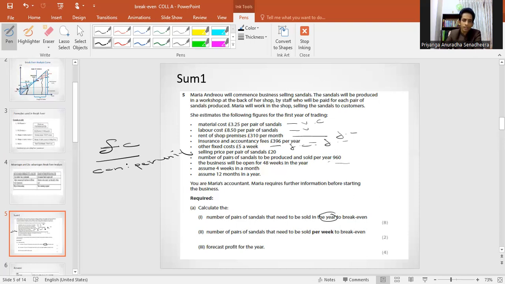When you calculate the fixed cost, I'll take this side to get the fixed cost figures. I have marked here some fixed costs. Rent of premises per month is 310, so the rent value will be 310 multiplied by 12.